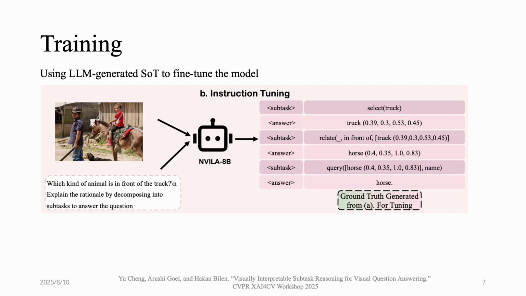After generating lots of subtask of thought, we do instruction tuning on NVILA 8 billion with an instruction like, please explain the rationale by decomposing into subtasks to answer the question, so that the model could generate structural, textual, and visual explanations during inference.